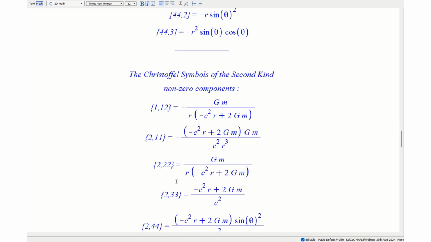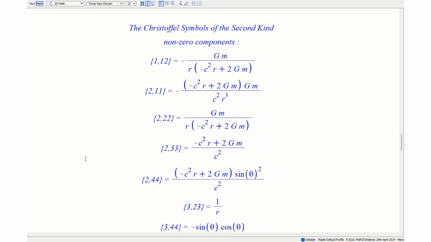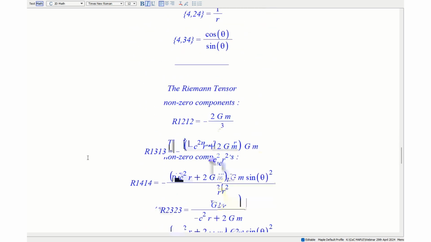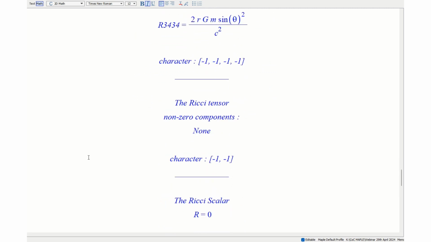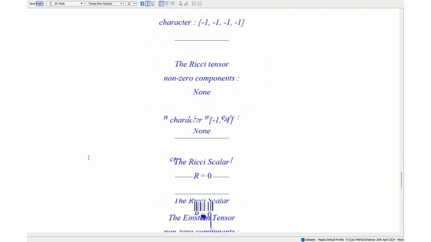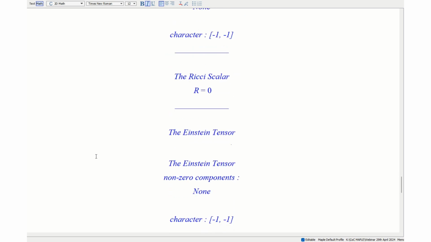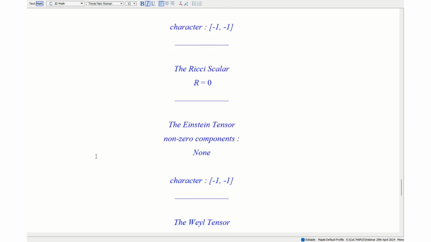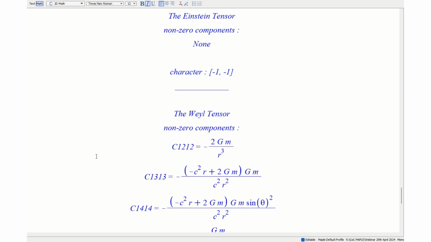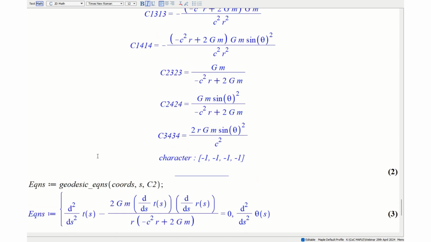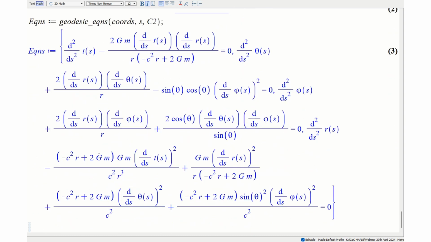Then Christoffel symbols of kind 2, and this is the Riemann tensor, and then the Ricci tensor, non-zero components. Ricci scalar is 0 because we are talking about flat space, and the Weyl tensor appears like this. The geodesic equation you can see on your screen.